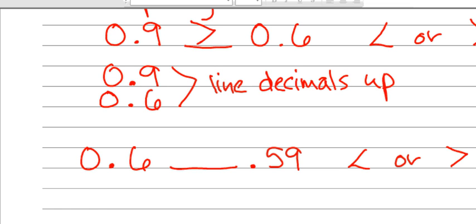Well, line them up. You put a 0 in there if you want. So I added zeros here and here. And if I'm looking right here, I can see that 6 is bigger than 5, or 0.6 is bigger than 0.59. So I'm going to put a greater than in there.